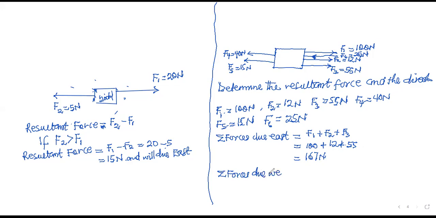Due west, we have F6 plus F4 plus F5. This is 25 plus 40 plus 15, making 80 Newton.